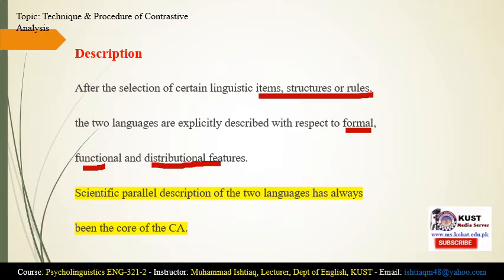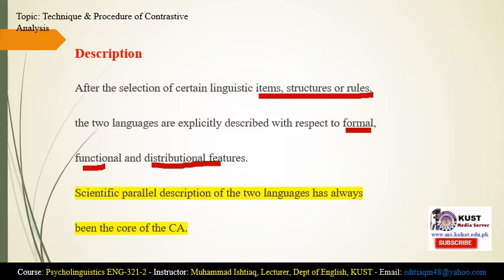For instance, the distributional properties of certain items: they can take initial position, medial position, or final position. Now, when the two languages are described on the basis of formal, functional, and distributional features, the way for comparison is paved. It is made smooth, and then we can compare and contrast features of the two languages.